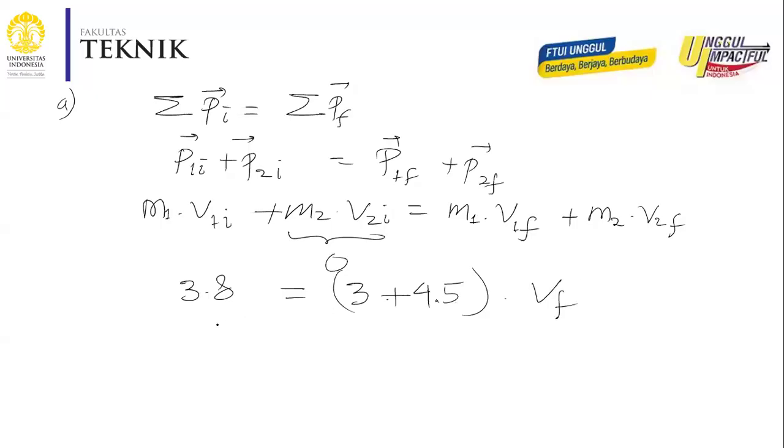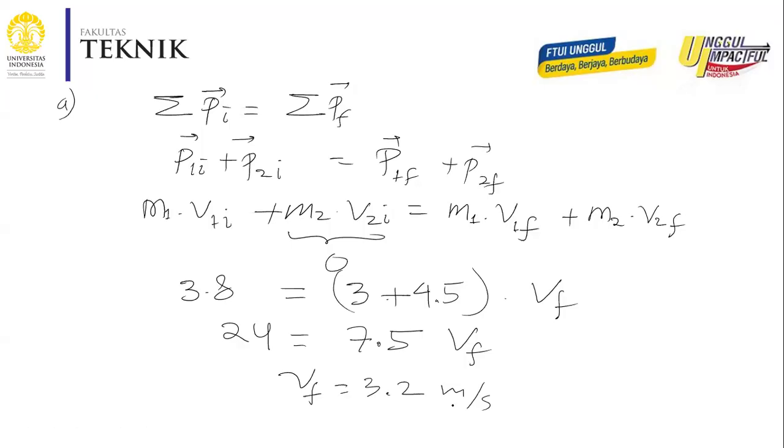So 24 is equal to 7.5 times the final velocity. And then we get that the final velocity of the system is equal to 3.2 meters per second.